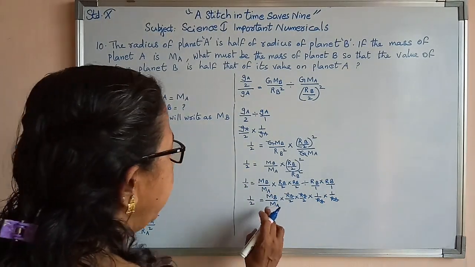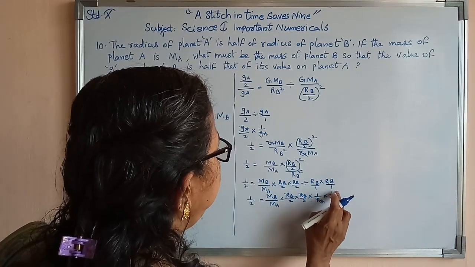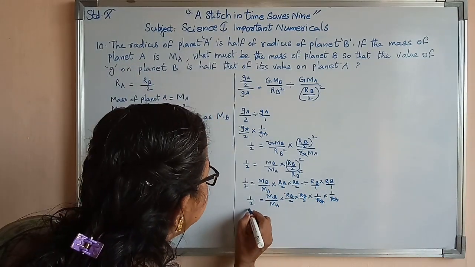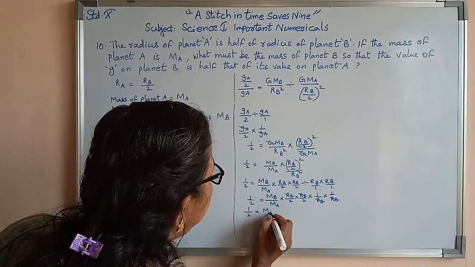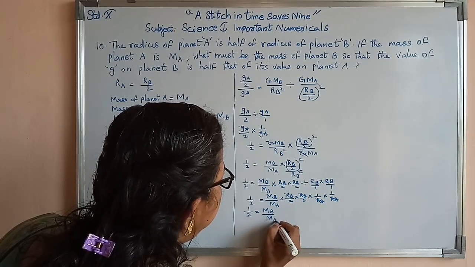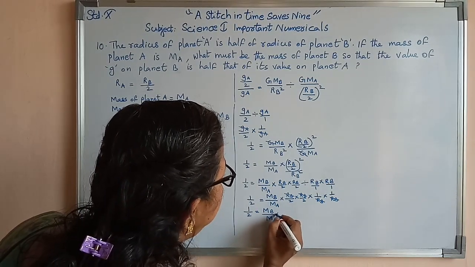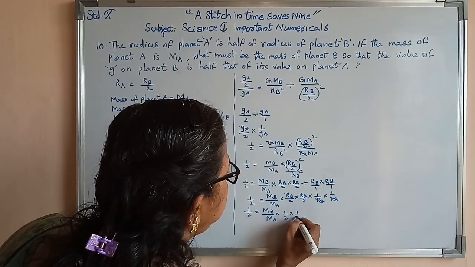Now here Mb upon Ma, then 1 upon 2 into 1 upon 2 is there. So we will write once again 1 upon 2 is equal to Mb upon Ma, then into 1 upon 2 into 1 upon 2.